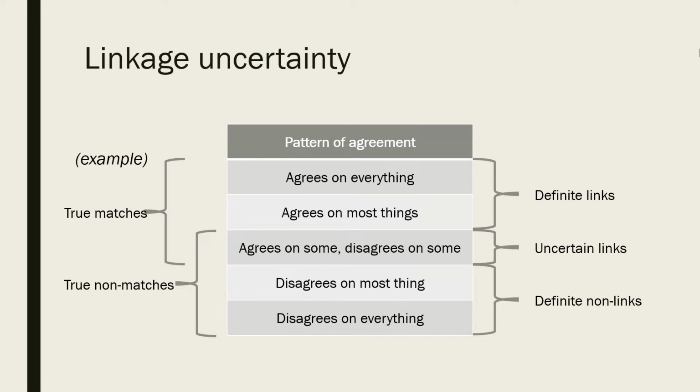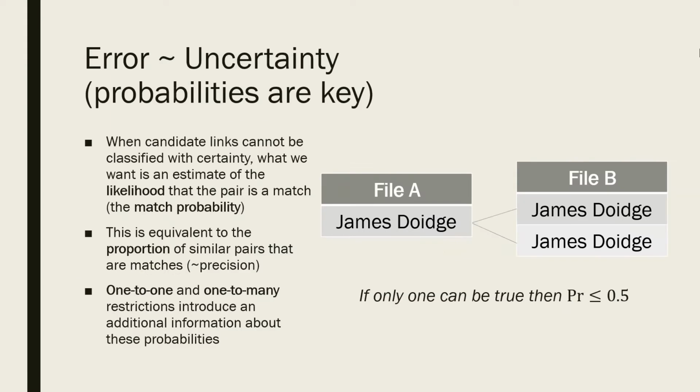And no amount of fancy analytics can remove that uncertainty. And when we can't remove it, what we really want to do is measure it. So error and uncertainty are sort of two ways of thinking about the same thing.